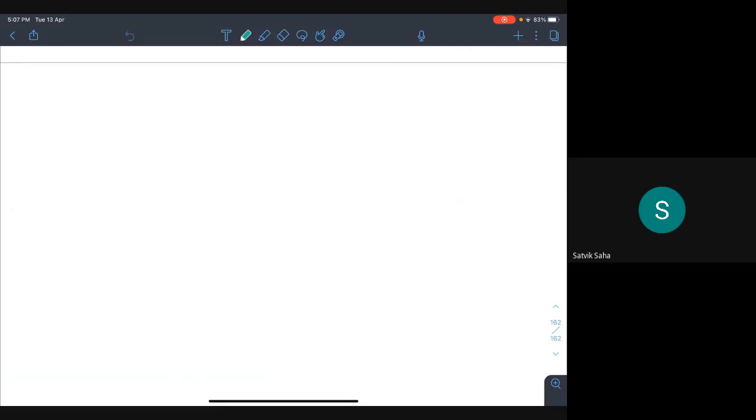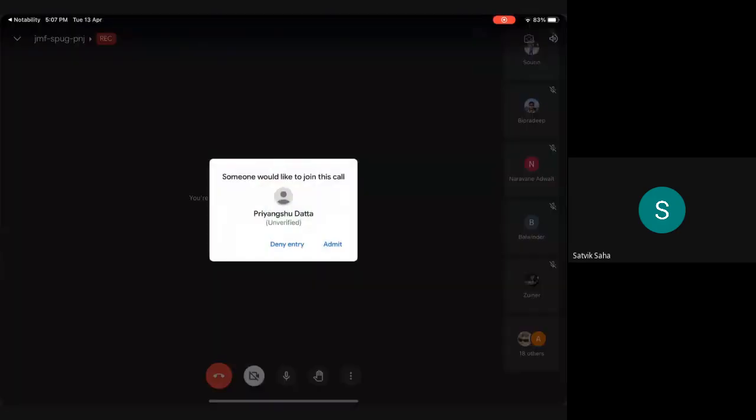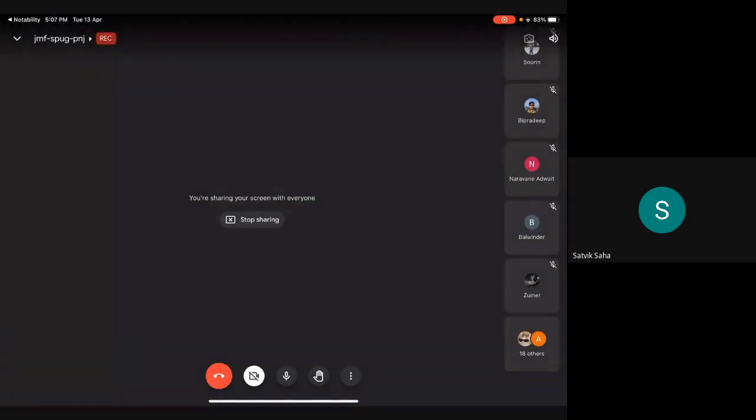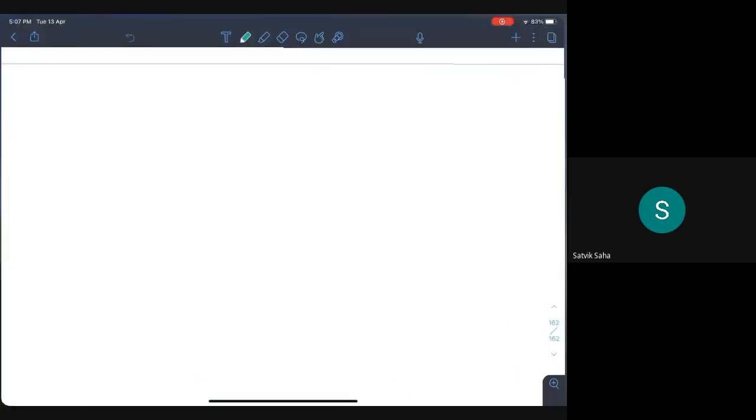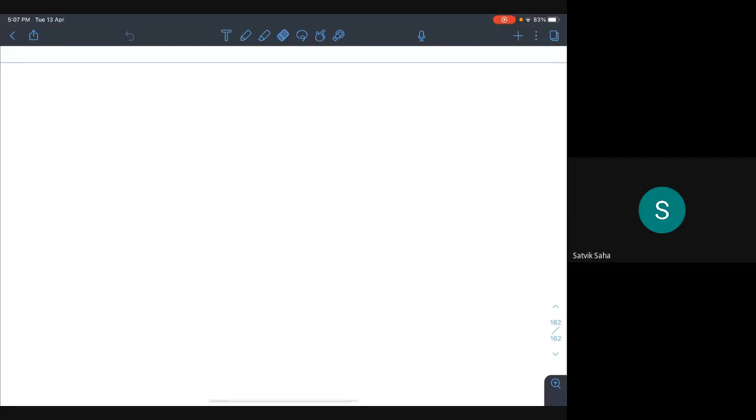So let me now start proper integral. Look at the following graph.